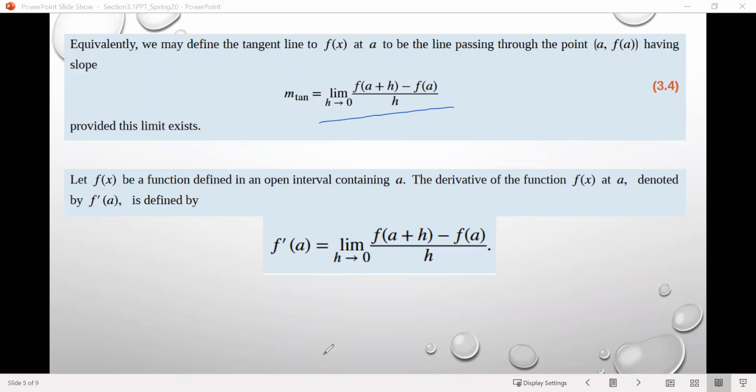So rather than saying the slope of the tangent line, moving forward we're going to refer to this as the derivative of the function. By the derivative, we're referring to the slope of the tangent line. So we say the derivative of the function f of x at the point a is denoted by this f with that apostrophe.